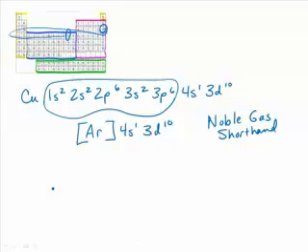So let's say we wanted to do europium. All right, and I'm going to do this with the noble gas shorthand because obviously europium is right there, element 63. And again, remember the way the periodic table works. If you come across our 6th row here, right there after lanthanum, it drops down, goes through here, and then comes back up.